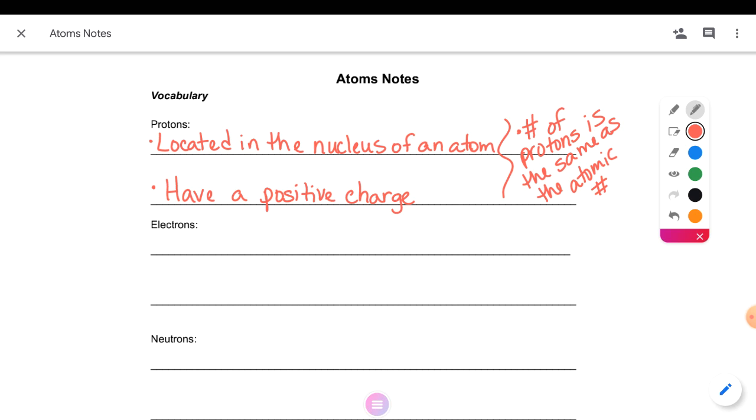Okay, where do the electrons, do you guys have one line for electrons or two? Two, okay. Where are the electrons located? Harper? On the rings. Okay, on the outer shells. Okay, so they circulate, so let's write circulate outside of the nucleus.